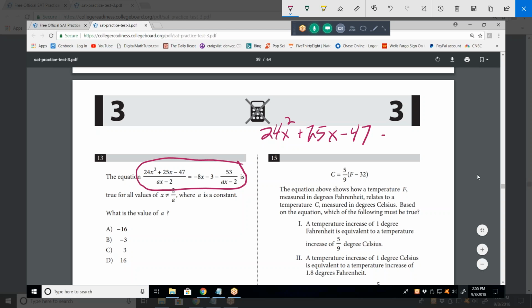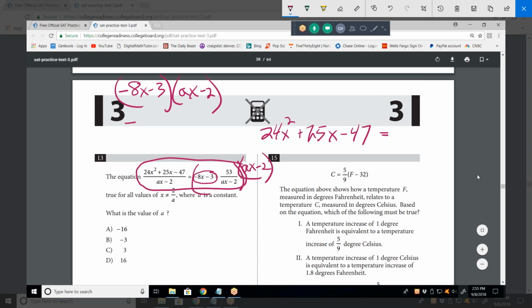The right side is a little tricky because I have to multiply both terms by ax minus 2. That takes care of the denominator in the second term, but for the first term, I have to multiply all of that by ax minus 2. If I do that, minus 8x minus 3 times ax minus 2, just FOIL it.